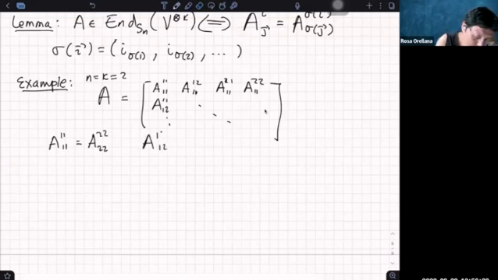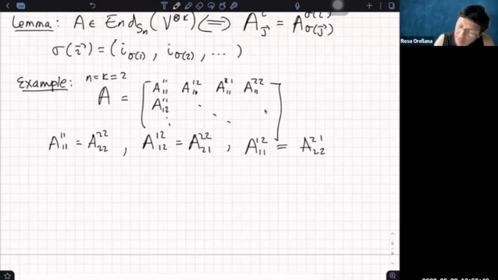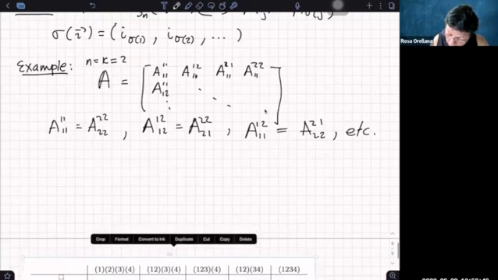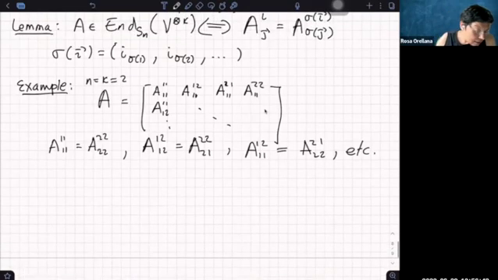For example, 1,1,1,2 equals 2,2,2,1, etc. So every time that you apply the action.